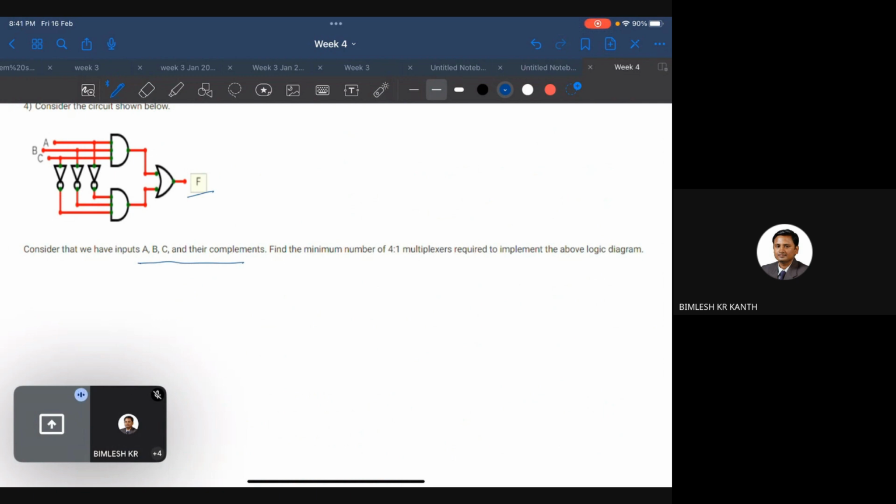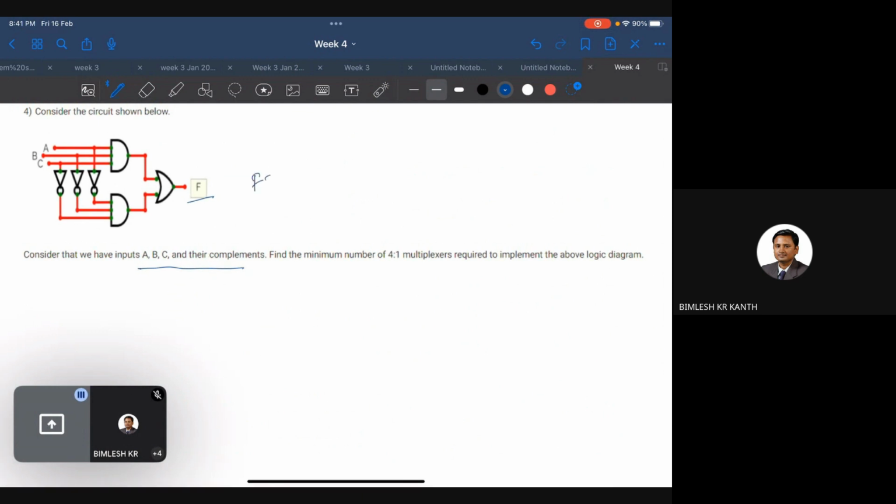What is the expression? It will be ABC plus A bar B bar C bar.